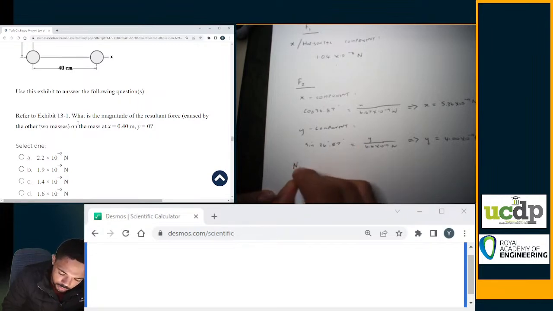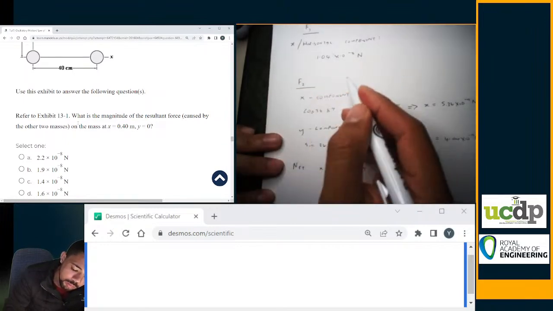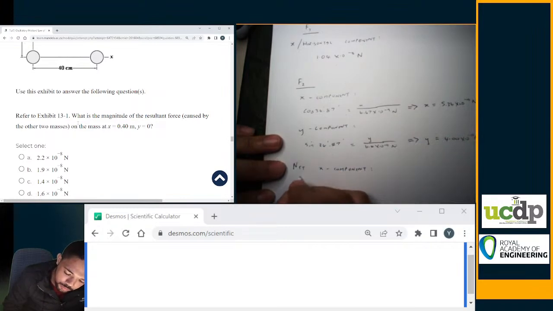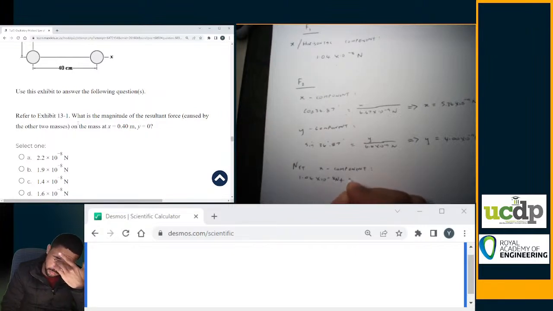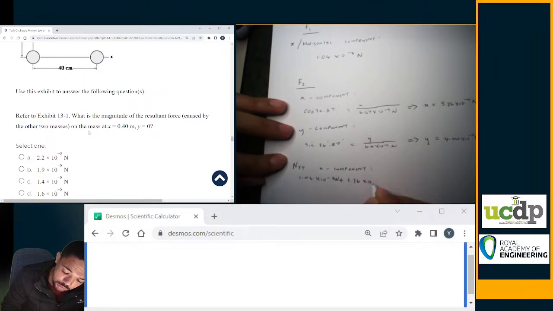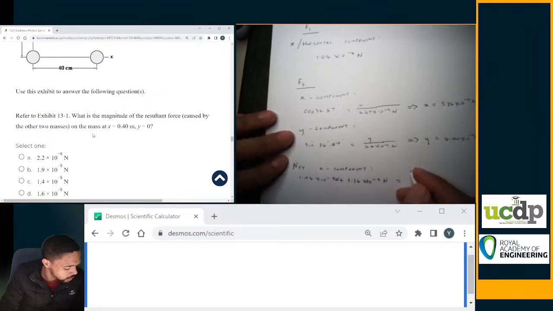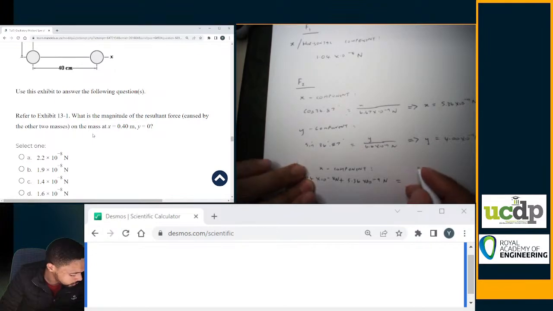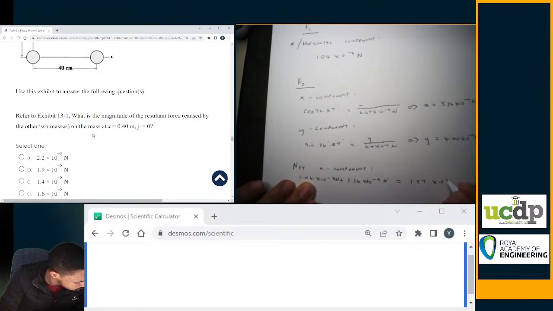The net x component is equal to this x component plus that one: 1.04 times 10 to the negative 8 newtons plus 5.36 times 10 to the negative 9 newtons, and it equals 1.576 times 10 to the negative 8 newtons. That is the force in the x direction.